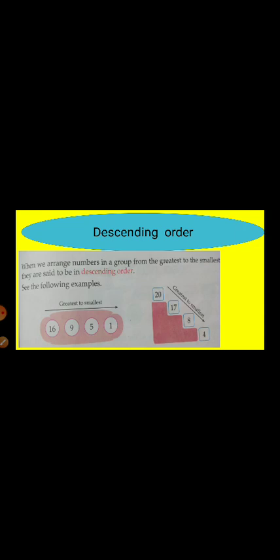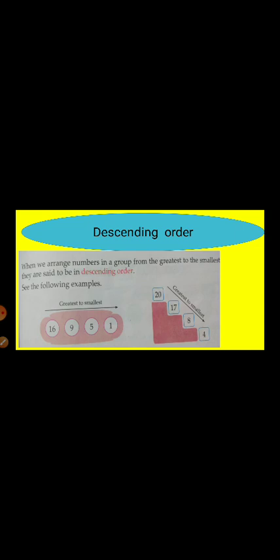What is given there? When we arrange the numbers in a group from the greatest to the smallest, the opposite of ascending, we have to start with the greatest number and reach the smallest number. When we arrange the numbers from greatest to smallest, they are said to be in descending order. Now see the following examples.